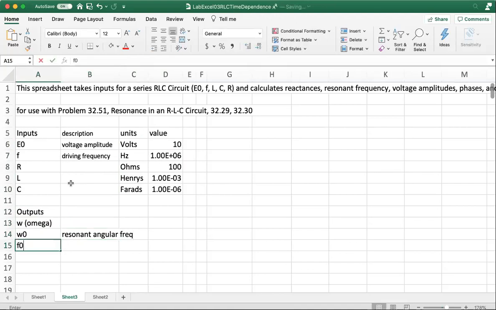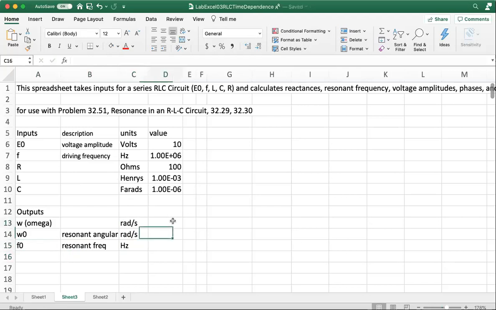And then f naught, because it's good to also have your resonant frequency. So you have the resonant angular frequency and then the resonant frequency. The angular frequencies are in radians per second, and the regular frequency is in hertz, or just inverse seconds.